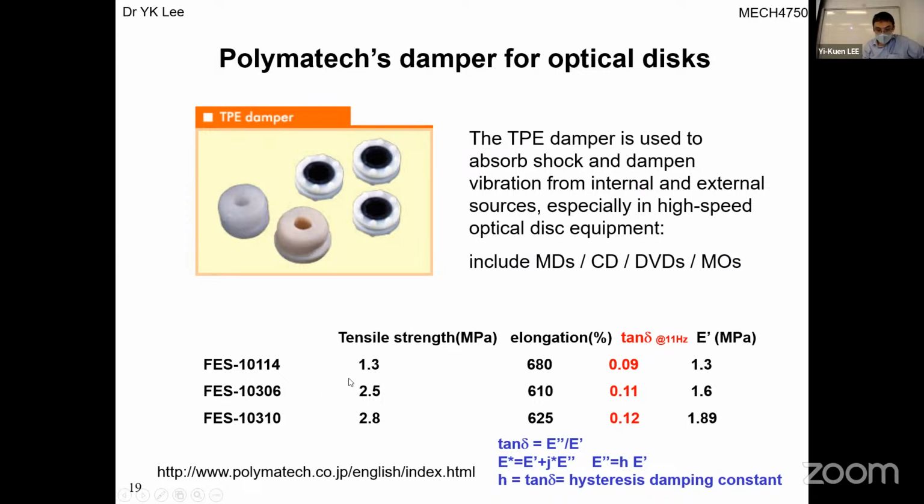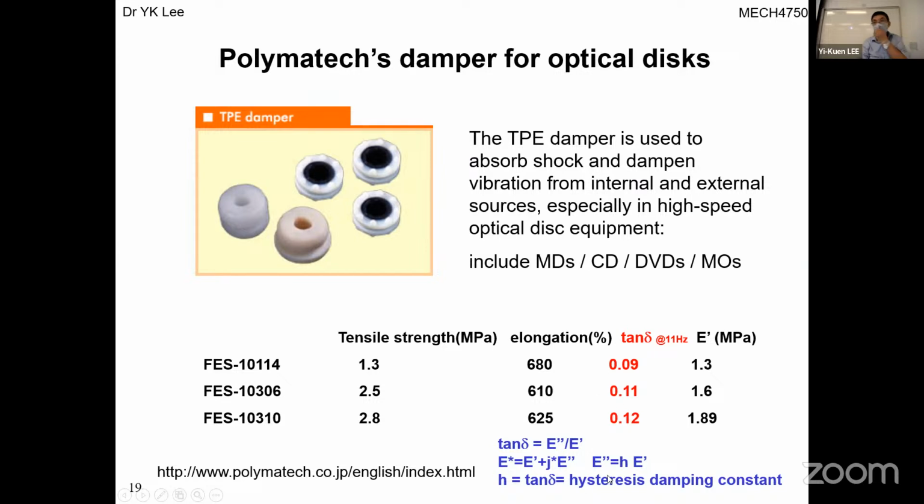They produce a series of dampers, especially for CD and DVD, with typical material properties like Young's modulus and tan delta related to hysteresis.